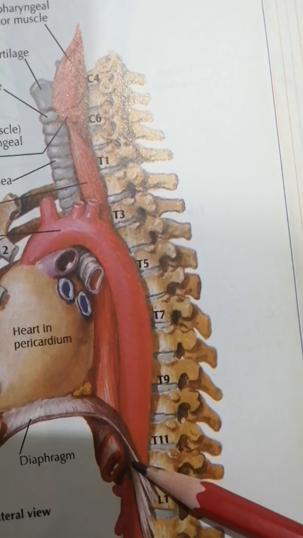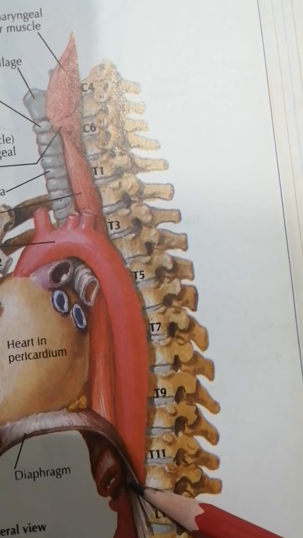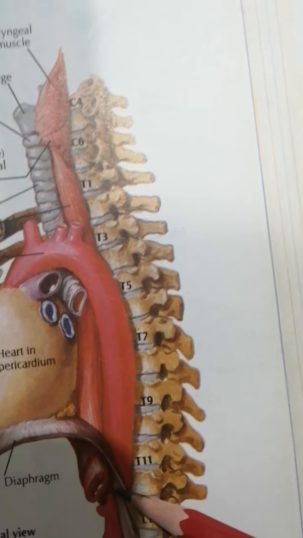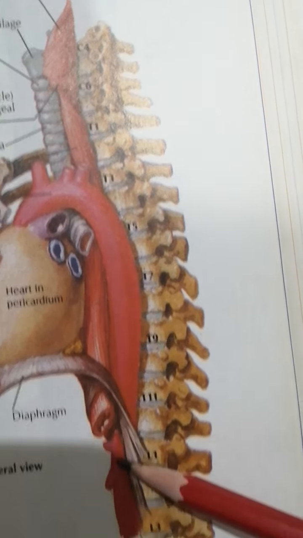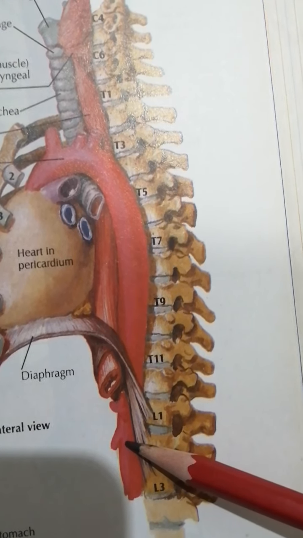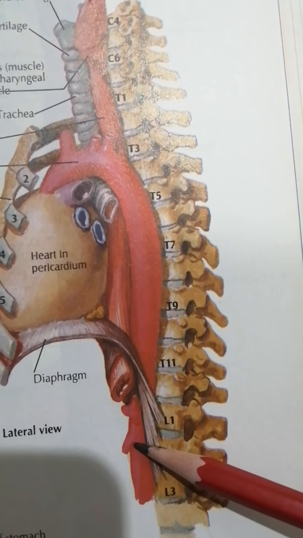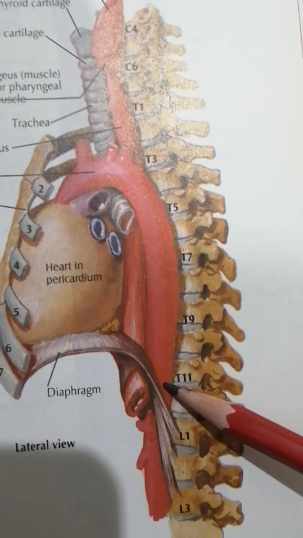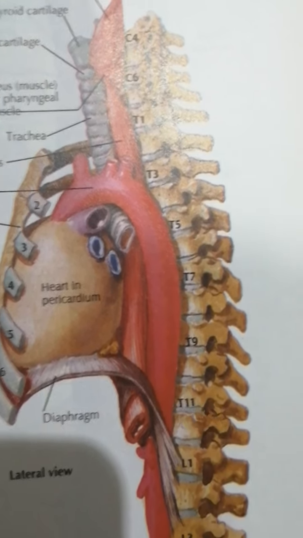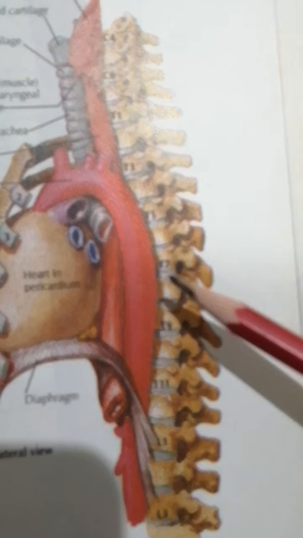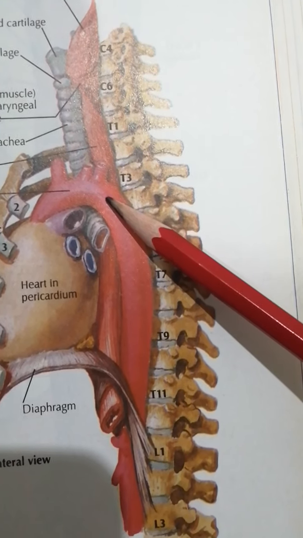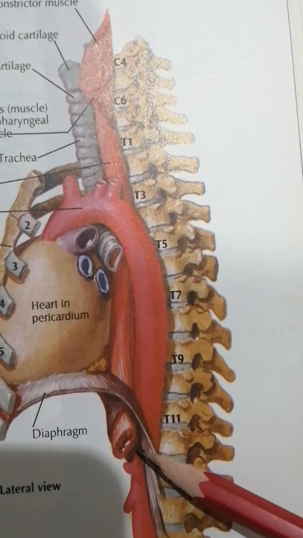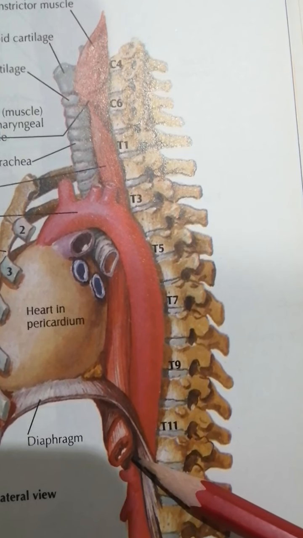Here you can see it entering the abdomen through the aortic opening, or aortic hiatus, present in the diaphragm, and below it, it becomes the abdominal aorta. The thoracic duct and azygos vein also ascend on its right side and accompany it through this hiatus. But at the moment you should memorize how it starts and how it ends: it ends by becoming the abdominal aorta once it passes through the aortic hiatus in the diaphragm.